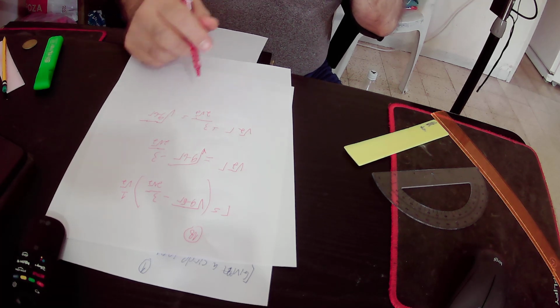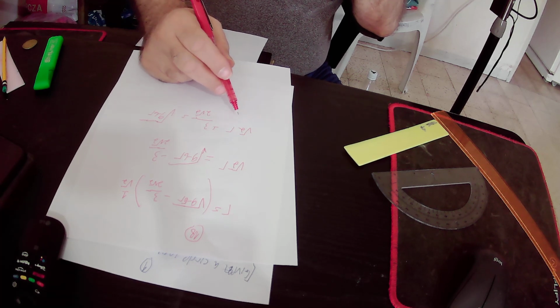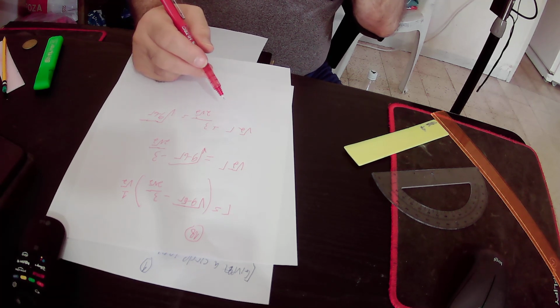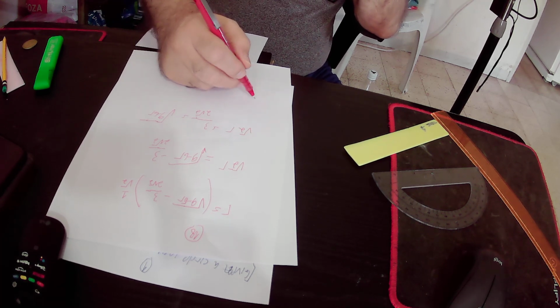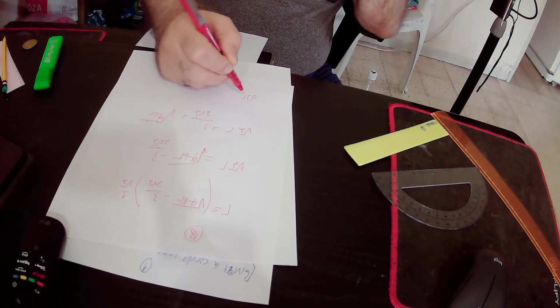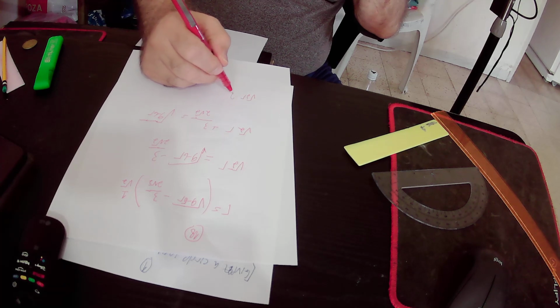Here I will divide root 2 r by 2 times root 2 and multiply it by 2 times root 2, so I change nothing.